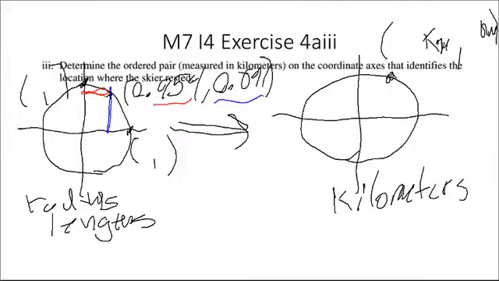Now in part 4aiii, we're asked to provide this ordered pair, but now we want to use what we've established to determine the skier's xy coordinates in units of kilometers.